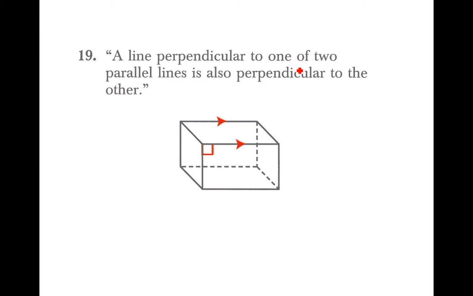A line perpendicular to one of two parallel lines is also perpendicular to the other. That sounds very familiar. But here we see a line perpendicular to one of two parallel lines, and it's obviously not perpendicular to this one. It doesn't even intersect it. So there's something missing up here that makes that statement incorrect.